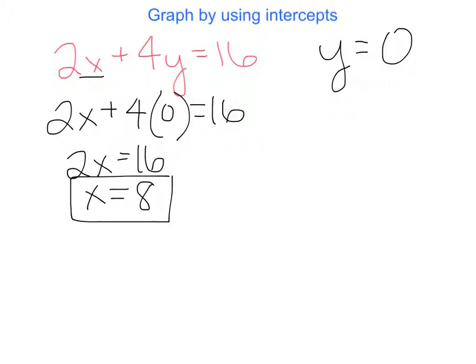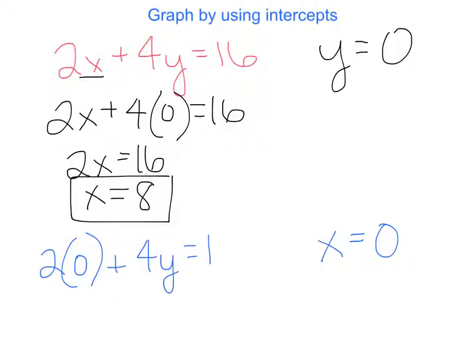So that means that the x-intercept, where the graph intercepts the x-axis, is at 8, and the y would be 0, that would be your coordinate point. If we're solving for y, then you replace x with 0, because the y-intercept is where x is 0. So we have 2 times 0 plus 4y equals 16.